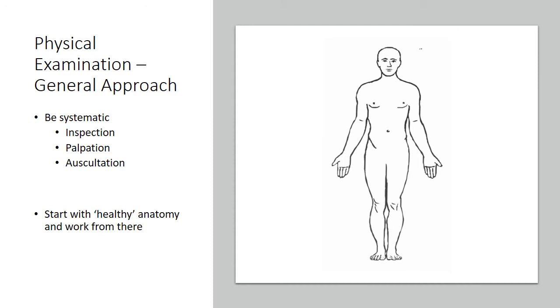So we try and tap into all of our senses as part of inspection, not just looking. Palpation means to feel, so we're feeling the structures beneath the skin by following our surface anatomy, our surface landmarks, to palpate what's underneath. And then we auscultate, which means to listen with our stethoscope.